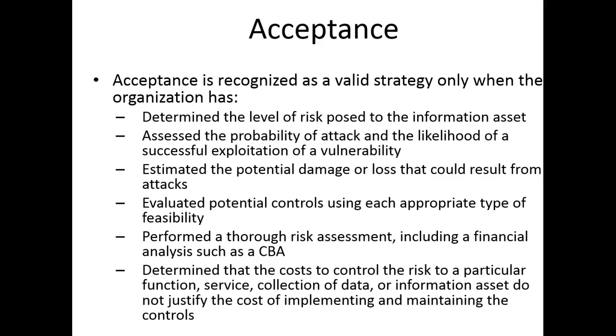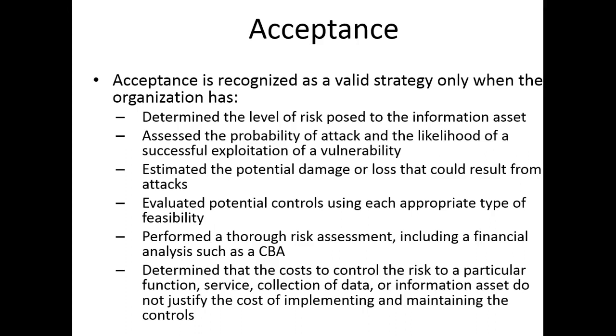Acceptance is recognized as a valid strategy only when the company determines the level of risk posed to the information asset, or assesses the probability of the attack and the likelihood of successful exploitation of the vulnerability, or estimates the potential damage or loss that could result from an attack.